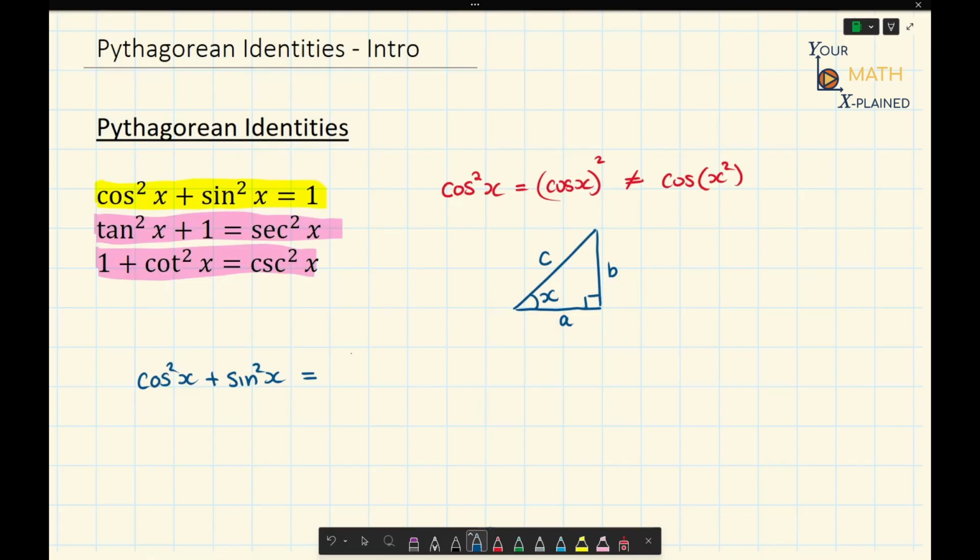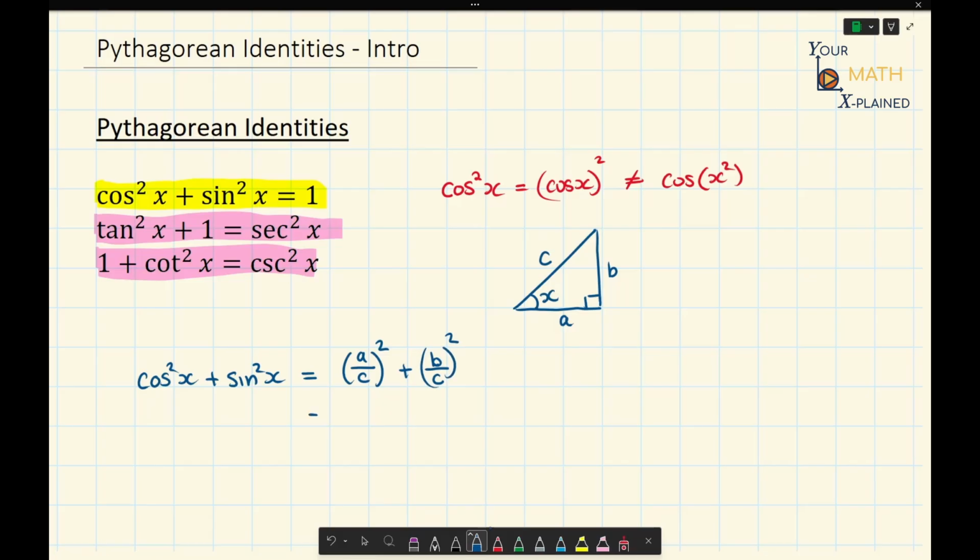So that is going to be A over C, and we're squaring that. And similarly, sine squared x is going to be equal to opposite over hypotenuse, and we're squaring that.